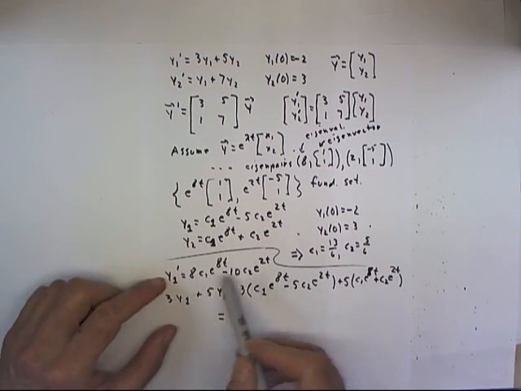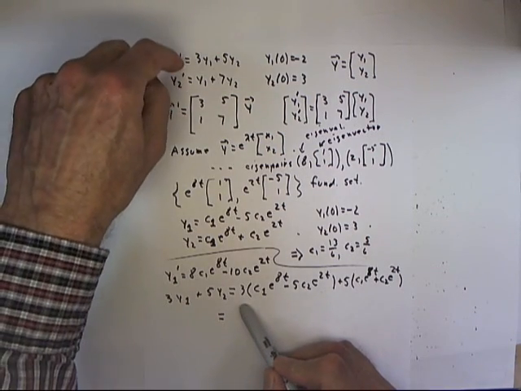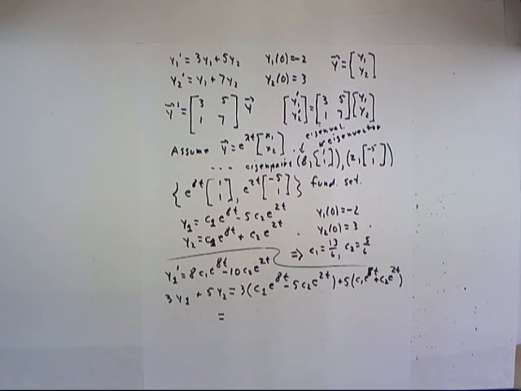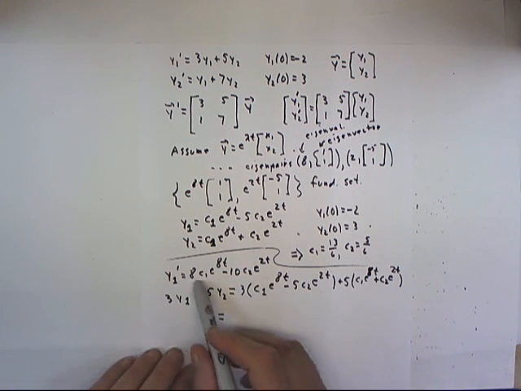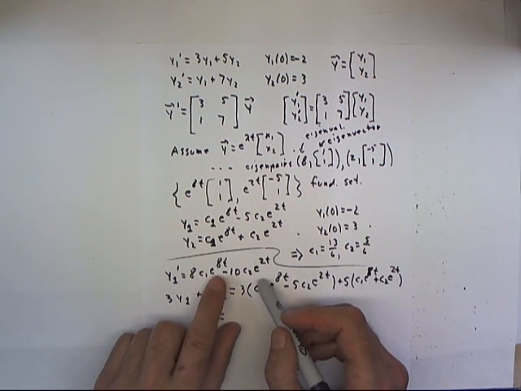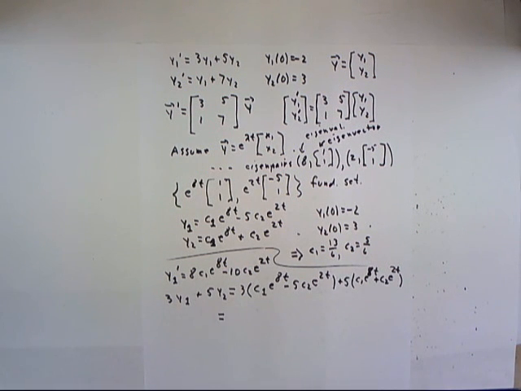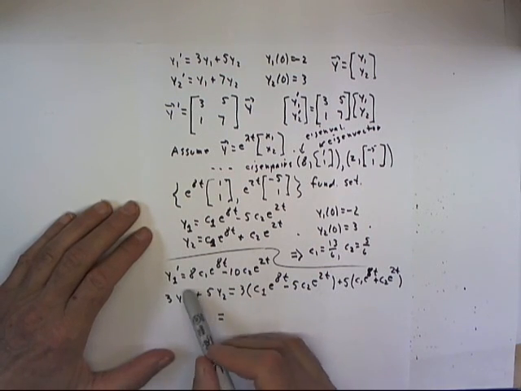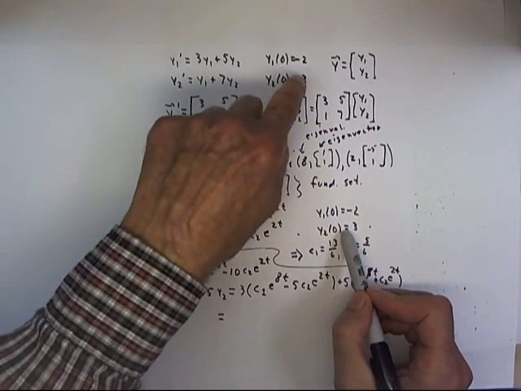Write the specific solution and verify that it satisfies the equations with the initial conditions. It's easy to verify that the equation satisfies the initial conditions. I'm sorry, I'm ahead of myself. Okay. We're not doing the specific solution with the initial conditions.